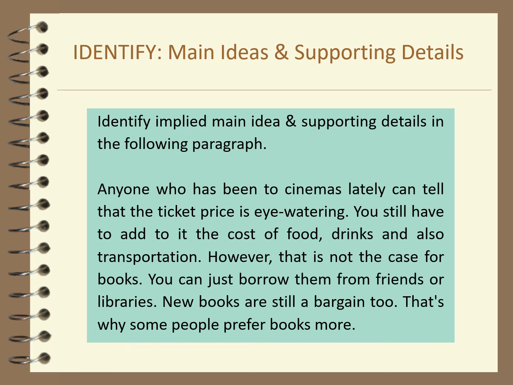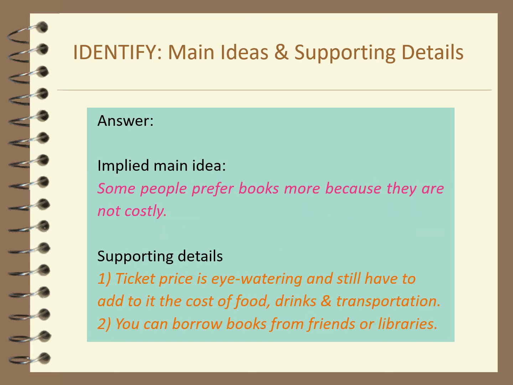So as you can see, the answer for the implied main idea is: some people prefer books more because they are not costly, or because they are cheap, or because they are inexpensive. The supporting details that support the main idea are that the ticket price is eye-watering and you still have to add to the cost, and that you can borrow books from friends or libraries.